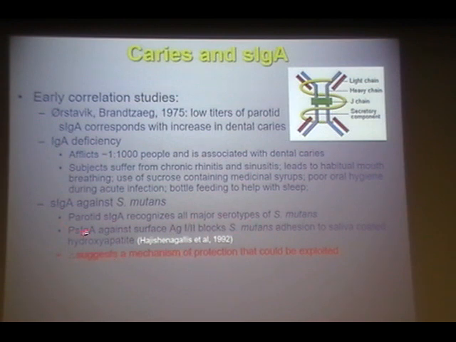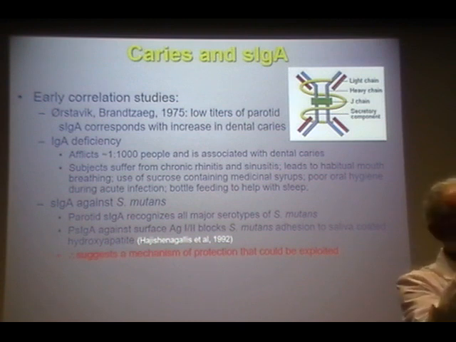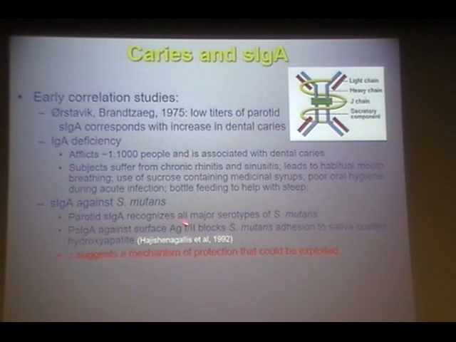He determined that parotid-derived secretory IgA against these surface antigens that are the adhesins, if you generate secretory IgA molecules against them, which means you've isolated them away from the bug, and you now immunize an animal and generate antibodies against it, and you use those antibodies, it blocks the ability of Strep mutans to adhere to hydroxyapatite, which is kind of like enamel that is coated with saliva.